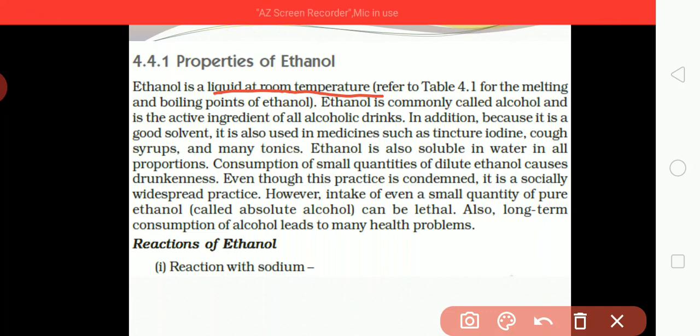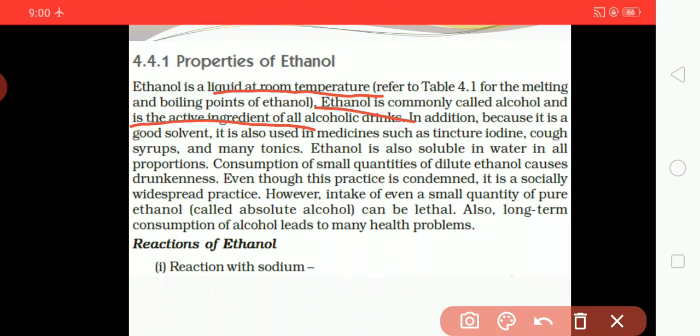Ethanol is commonly called alcohol and is the active ingredient of all alcoholic drinks.